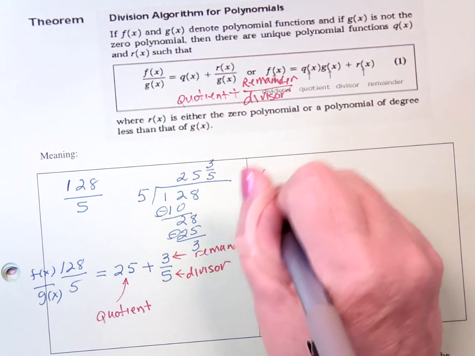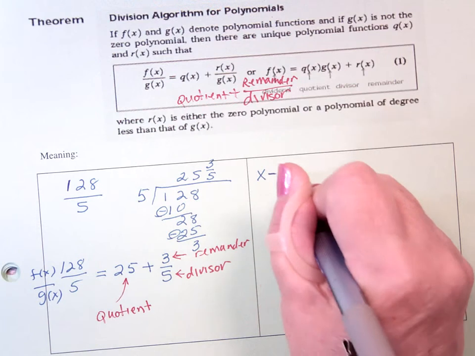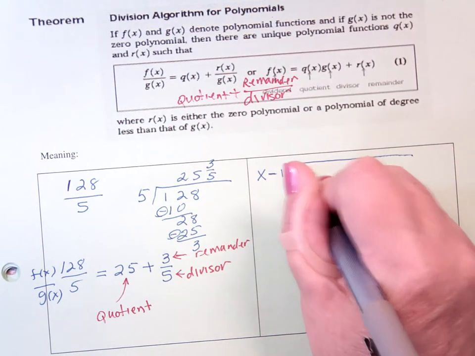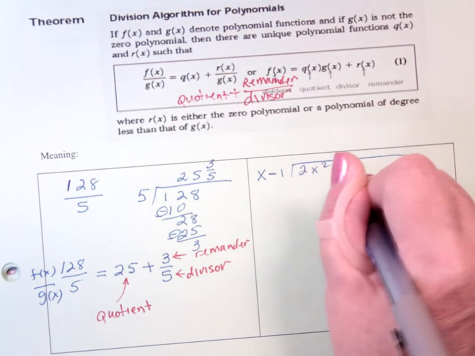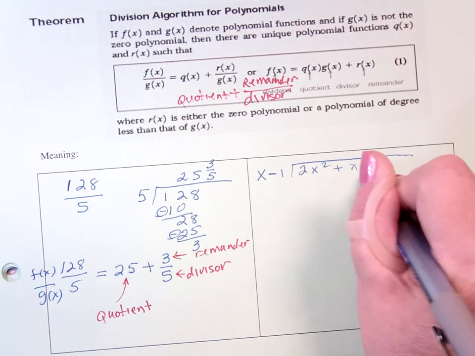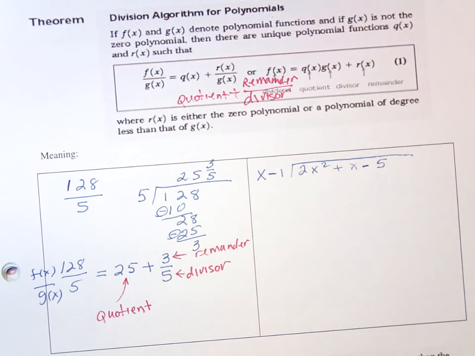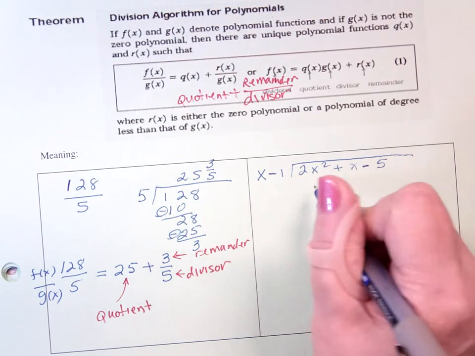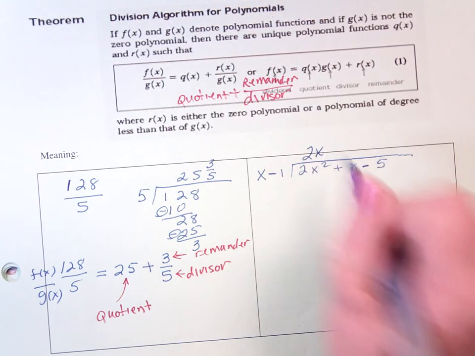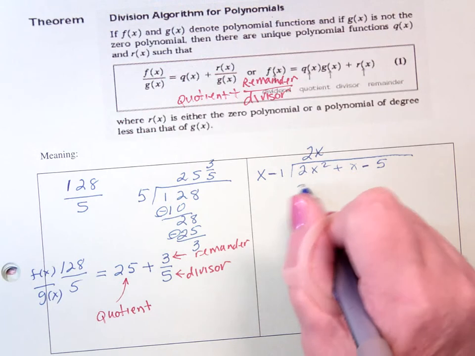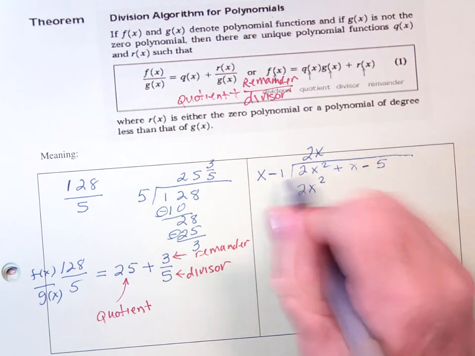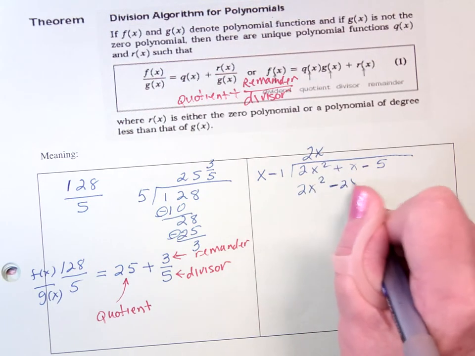So if I were to take x minus 1 divided into 2x squared plus x minus 5, what do I multiply x by to get 2x squared? You'd say 2x. 2x times x is 2x squared. 2x times minus 1 is minus 2x.